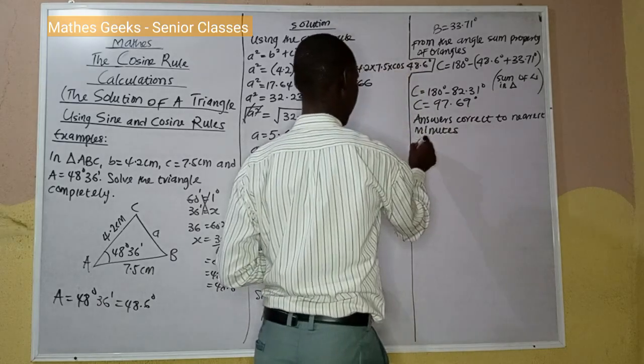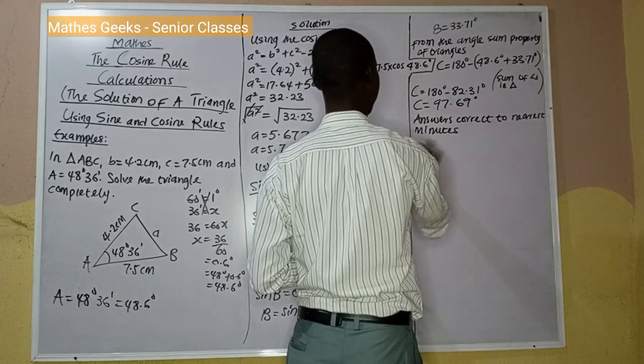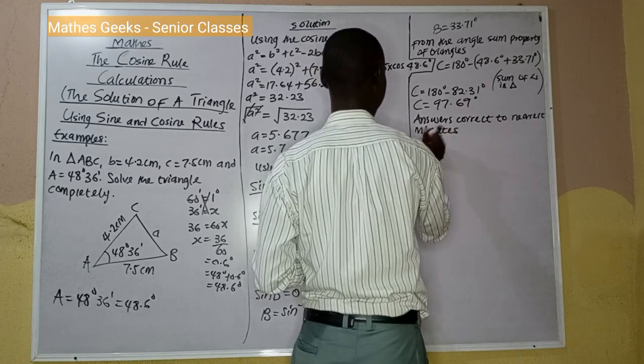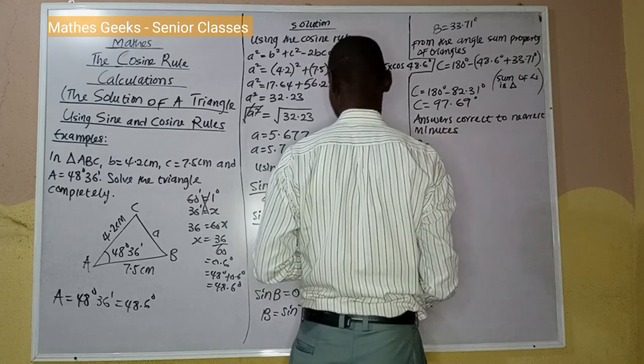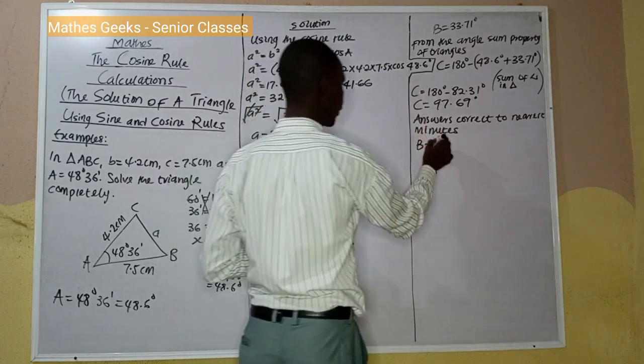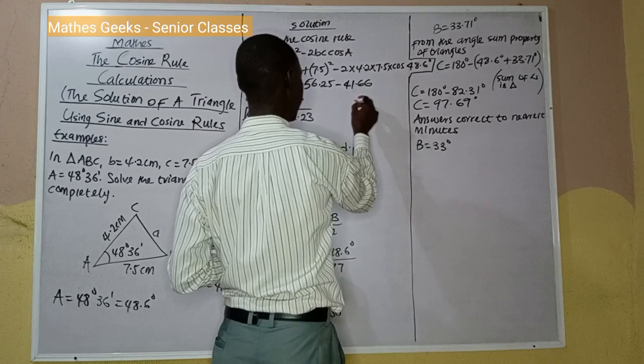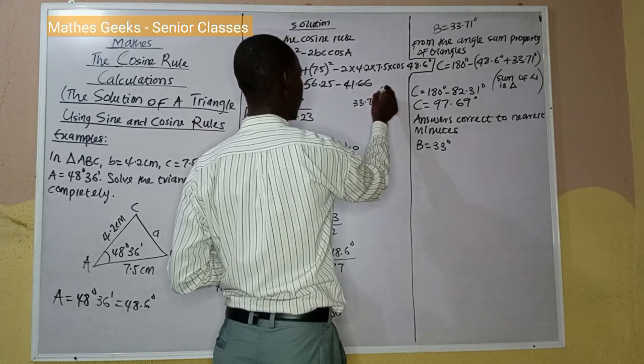Angle A is 48 degrees 36 minutes, since we didn't calculate for A. B is equal to 33.71. Already 33 is in degrees.